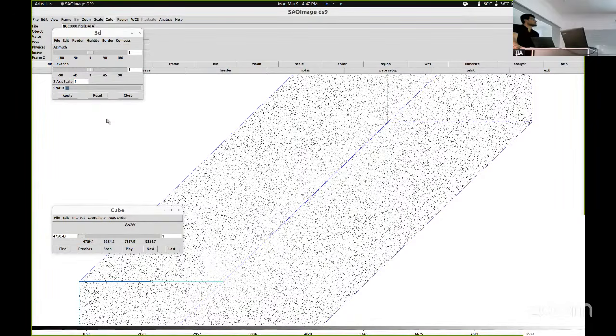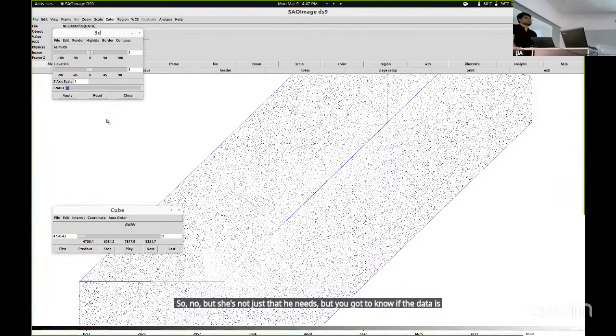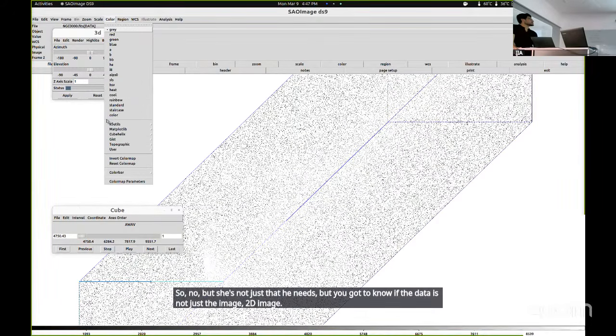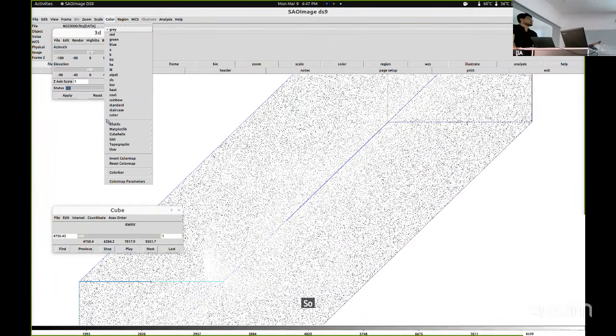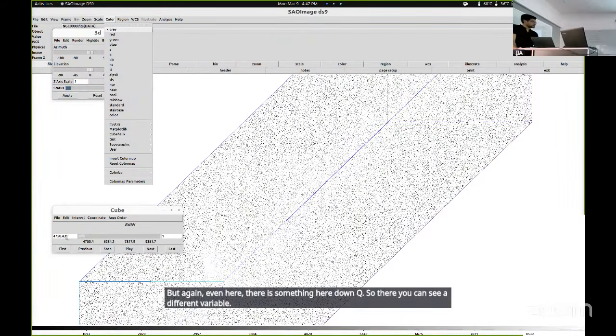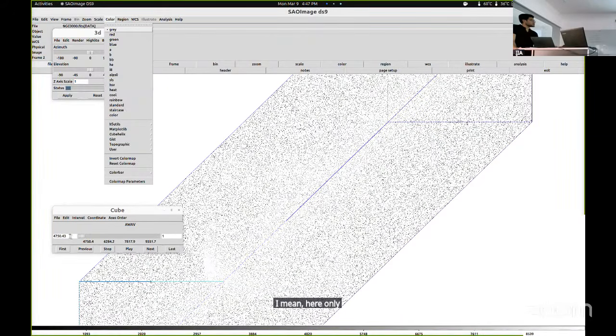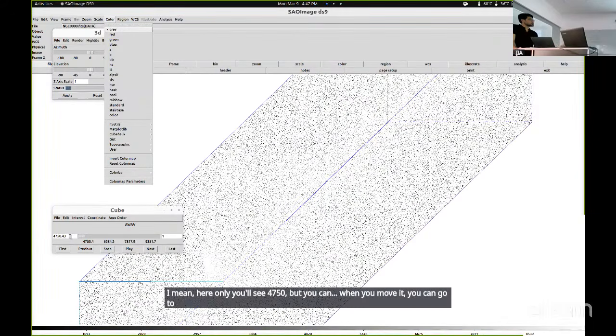So first you saw just an image, but now you know the data is not just a 2D image, it's a cube. The z-axis you are seeing is the spectral axis. There you can see different wavelengths. Here you are seeing only 4750, but when you move it, you can go to different wavelengths, different slices.